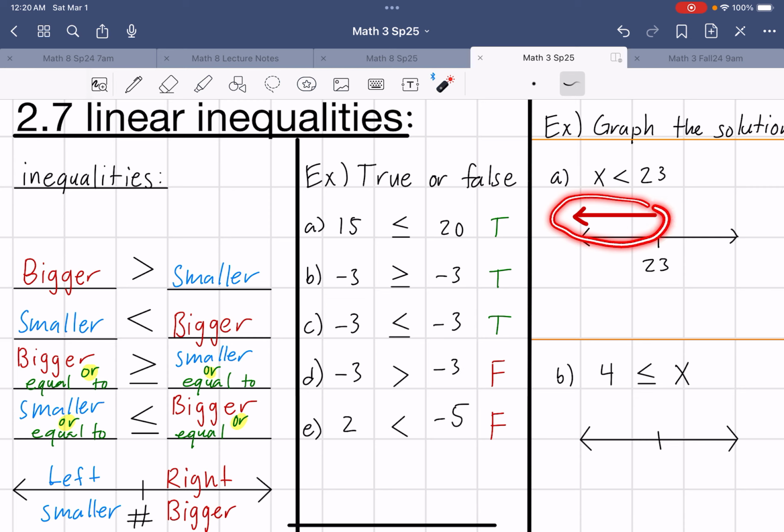Right now we're just graphing this inequality. How do I show that 23 is not part of my graph? And I do that by using an open circle. And the idea of this open circle is happening at 23.